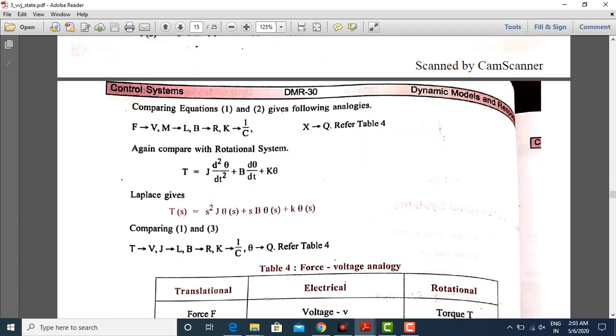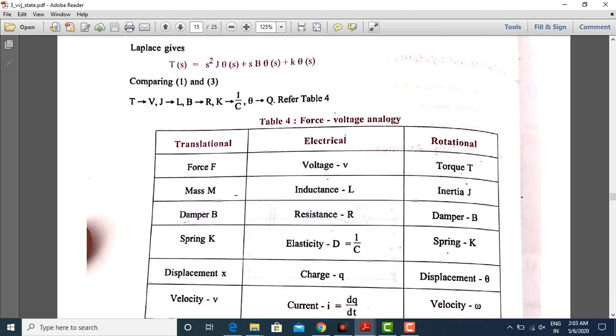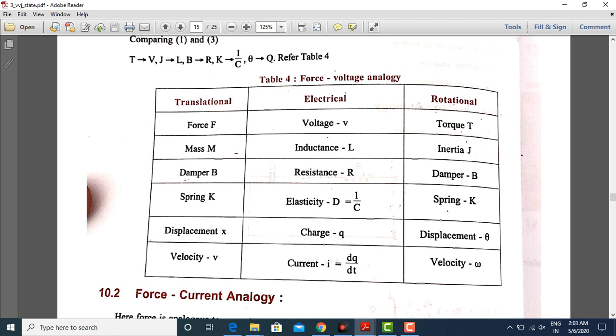Now we have just discussed the rotational system equation. Take the Laplace of this. Now we will remember this force-voltage analogy. That is, in the translational system, force is equivalent to voltage, is equivalent to torque; mass equivalent to inductance, equivalent to inertia; damper equivalent to resistance, equivalent to damper; spring equivalent to the inverse of capacitance, equivalent to spring; displacement, charge, displacement; velocity, current and velocity.